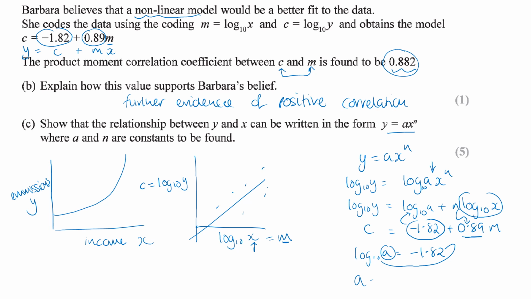So a is equal to 10 to the minus 1.82, and if you put that in your calculator you get 0.0151, and our n is our 0.89. So putting those constants back into your model, y is equal to 0.0151, your a, x to the 0.89.